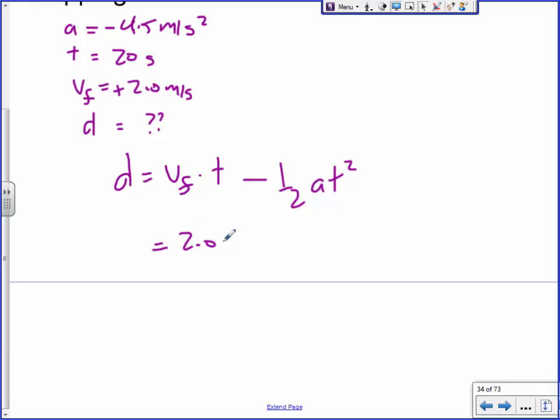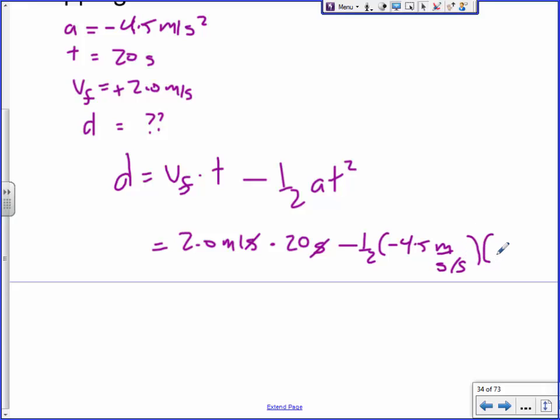Velocity final, 2.0 meters per second times by my time, 20 seconds. Right off the bat, you probably will recognize that the seconds are going to cancel, right? So you can even cancel those if you want. Minus 1/2 of A. Okay, well this is a negative 4.5 meters per second per second. I'll just write it like that.